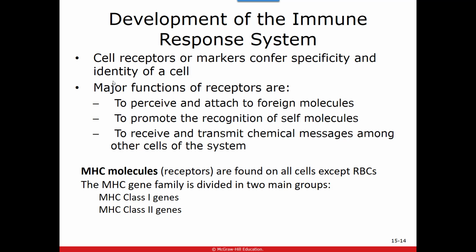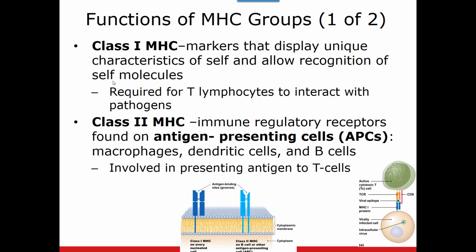These major histocompatibility complex molecules are found on every single cell in your body except the red blood cells, so all nucleated cells have at least one of these MHC antigens. But there are two kinds: class 1 and class 2. Class 1 MHC antigens are found on every nucleated cell.